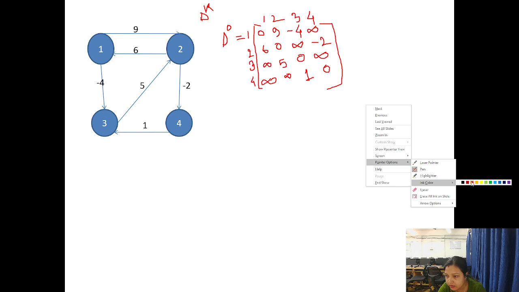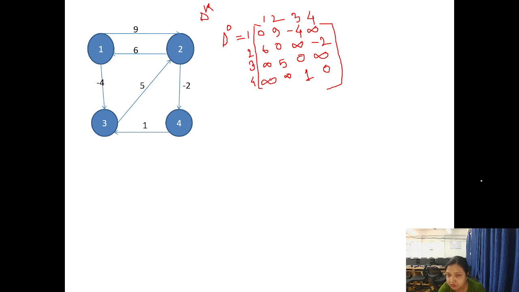Let me choose another color for better understanding. Now what we will do, we will hide this first row and this first column, and we will find the distances and update them. The diagonal entries 2 to 2, 3 to 3 and 4 to 4 are 0 only.